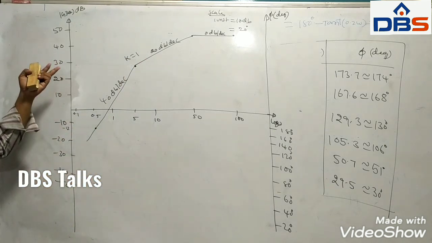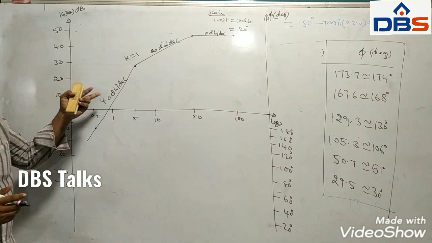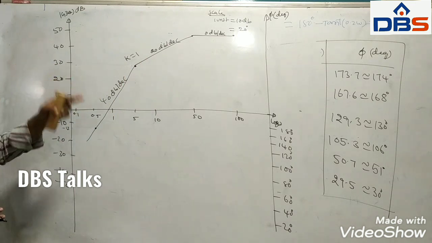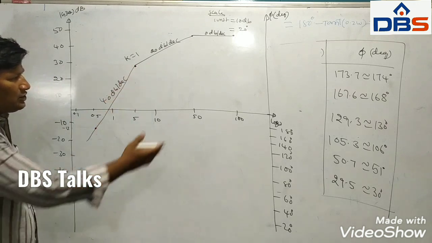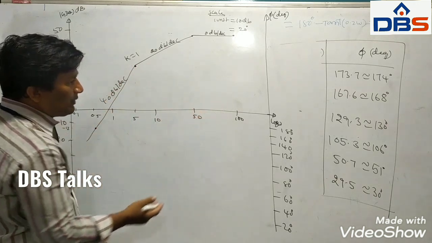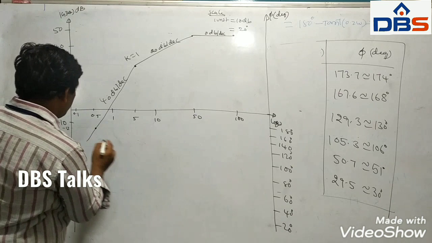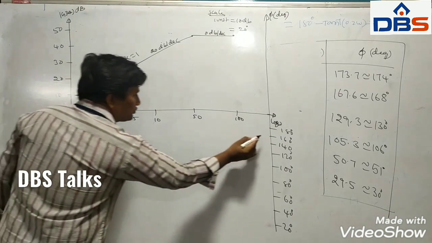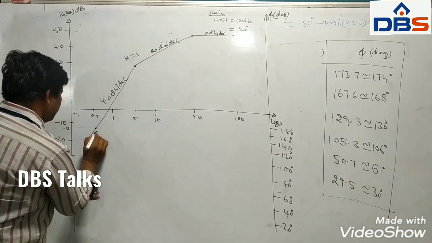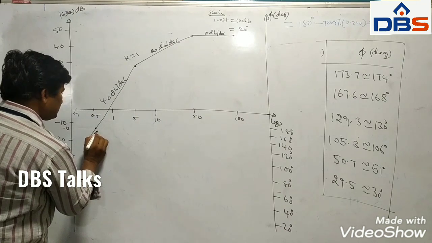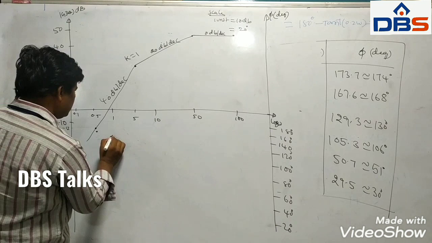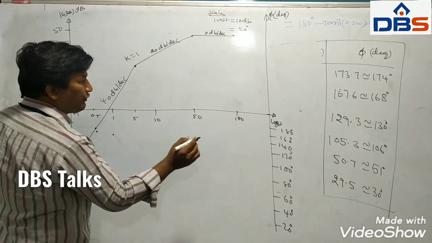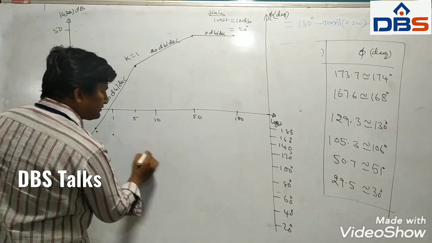After that we have to find the k value and then draw the original magnitude plot. For 0.5 the value is 174 degrees. Then 168 degrees, and for 5 it is 130 degrees.